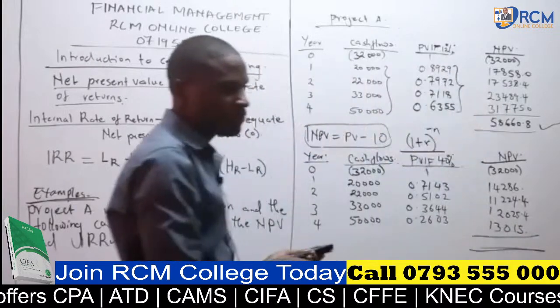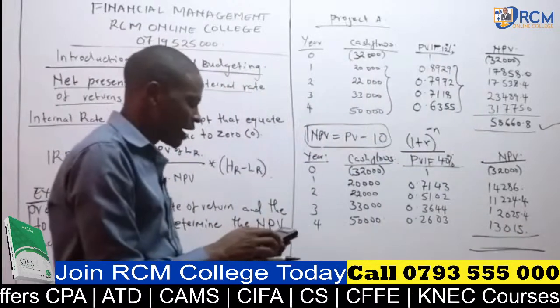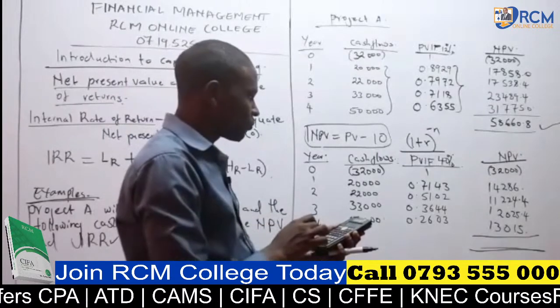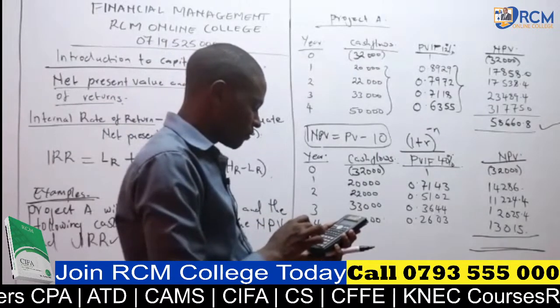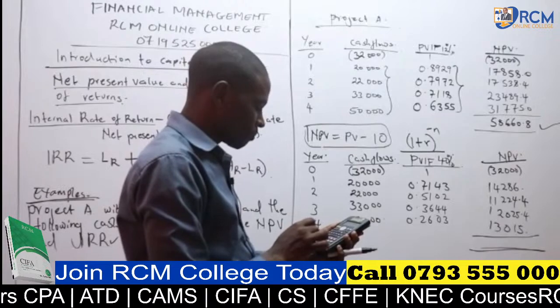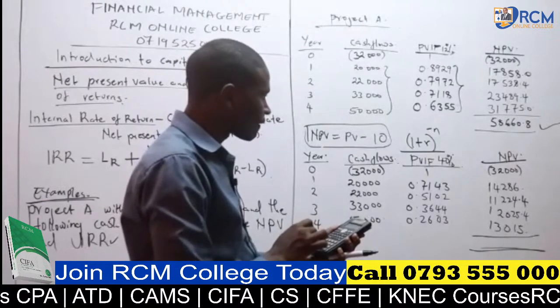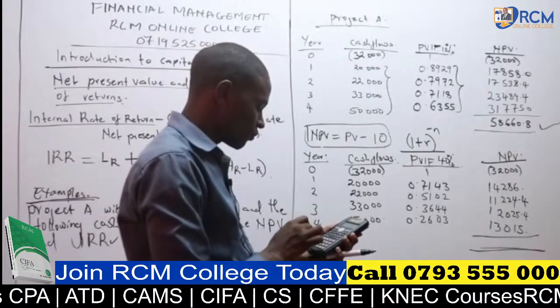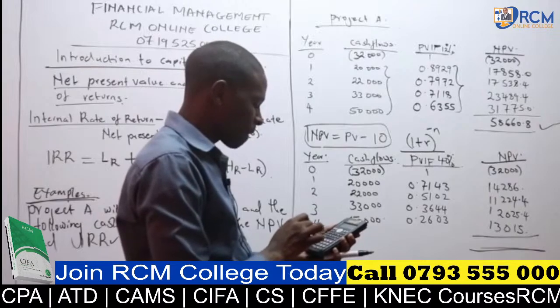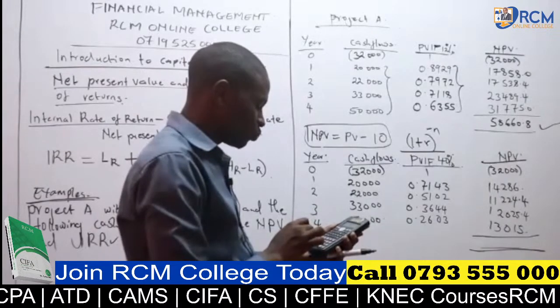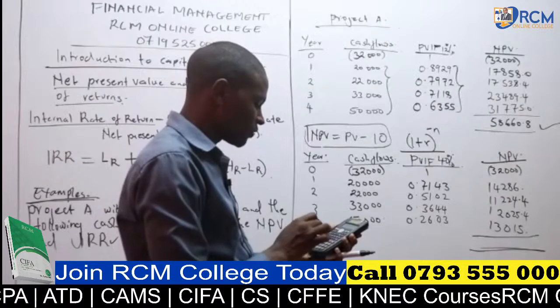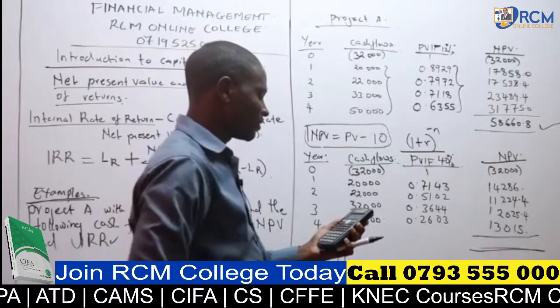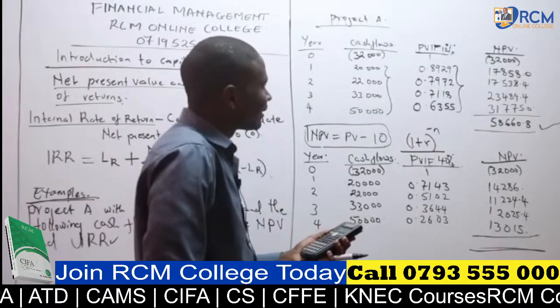Let's see the NPV here. No worries. 12,025.4 plus 12,224.4 plus 14,286. Good. 51,550.